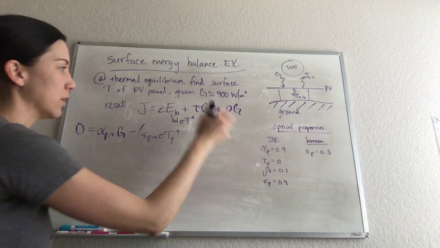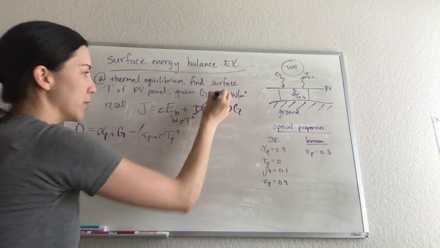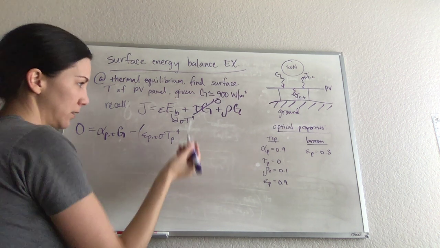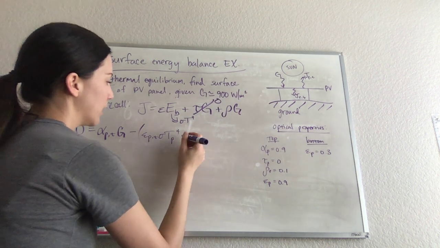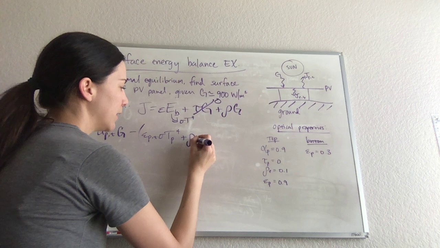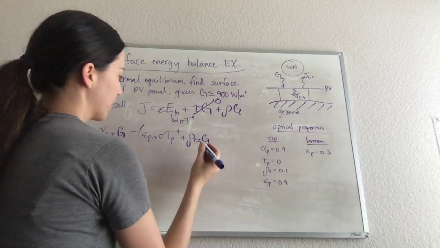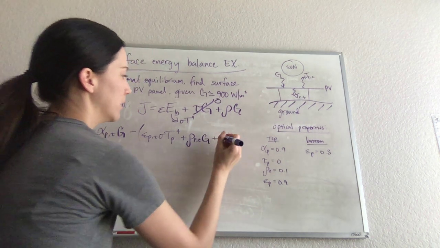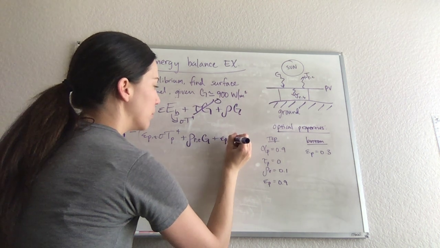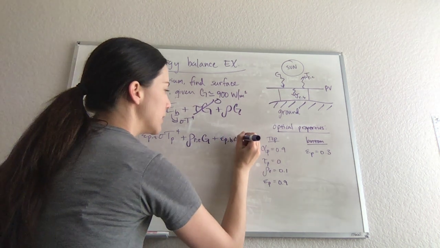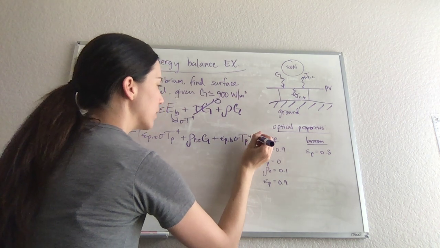The transmissivity of 0 is 0, so I'm just going to go ahead and drop that term right now for this example. Then I'm just left with the reflectivity of the panel on the top times G coming in, right? And then plus the emissivity of the panel on the bottom times sigma T panel to the 4th.